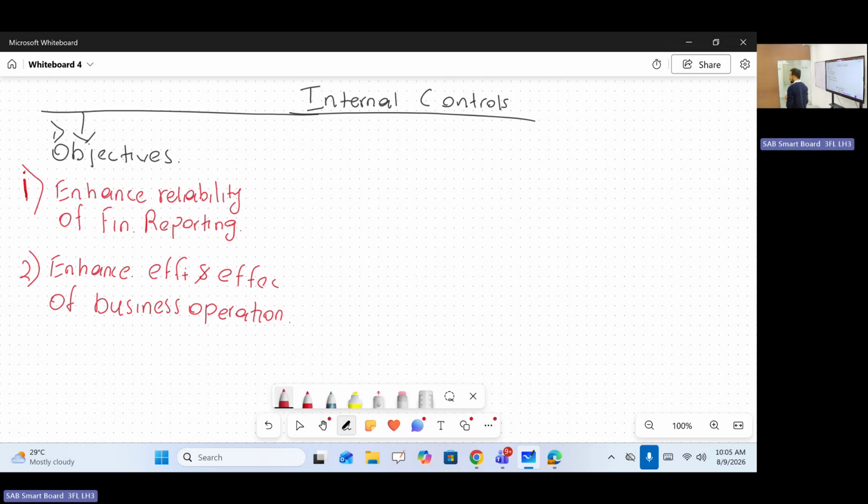Not only financial reporting, not only the financial aspect. If you want to run the business in an effective manner, for that also you should have internal control.